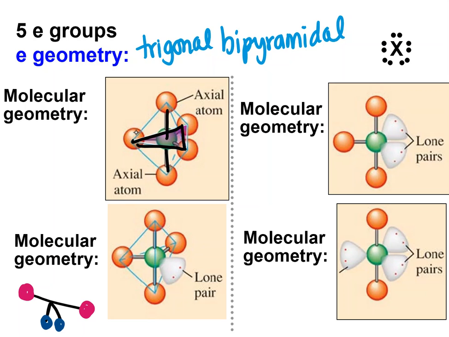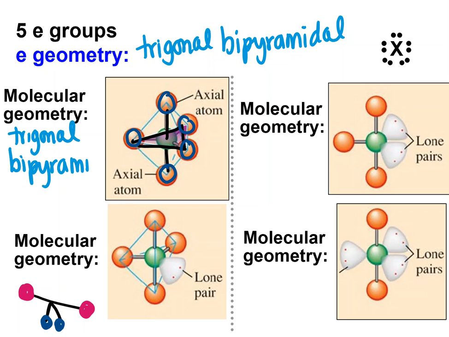Now, if there is an atom at all of these locations, every corner, no lone pairs, then the molecular geometry is also trigonal bipyramidal. Just like every time when you don't have lone pairs, the electron geometry and the molecular geometry are the same.